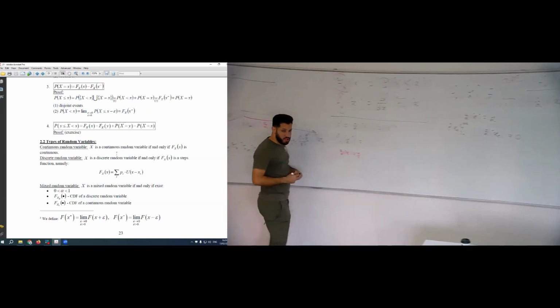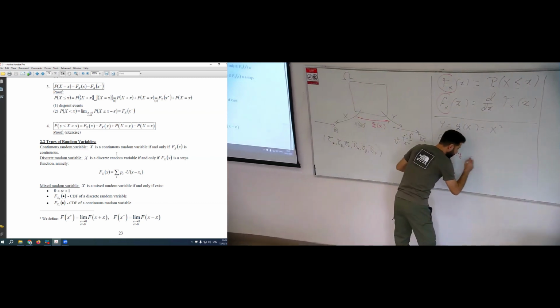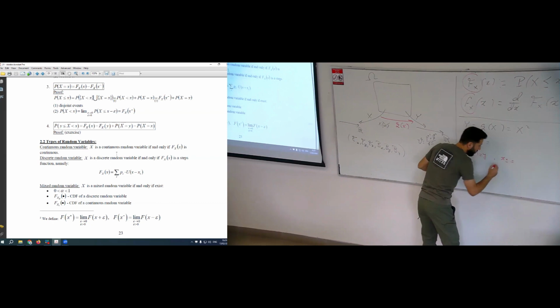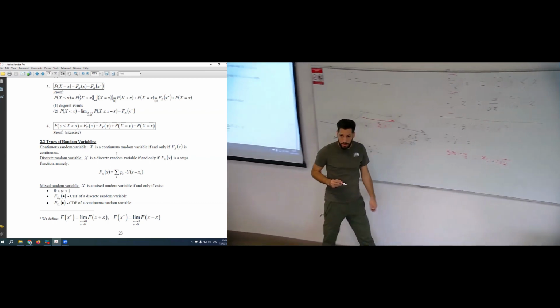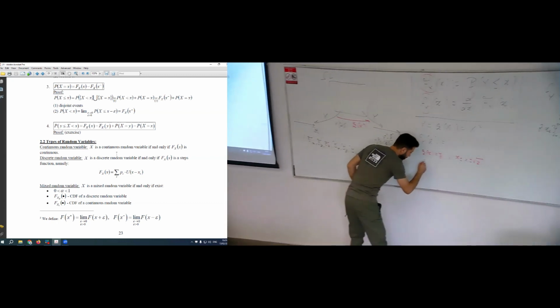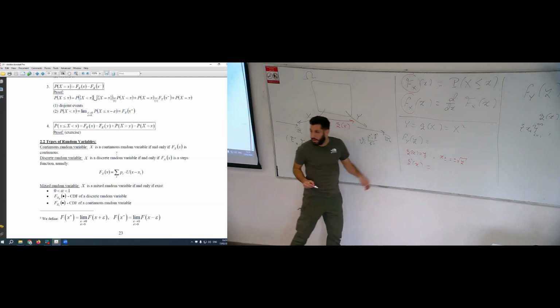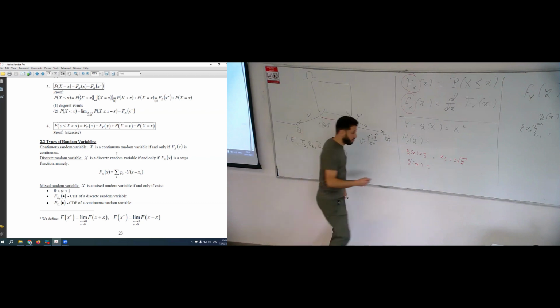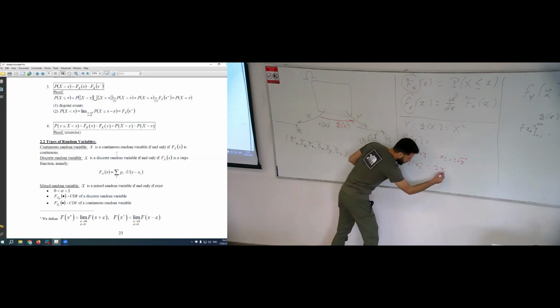So what are the solutions here? Plus minus. So x equals plus or minus square root of y. These are the solutions. And what is g prime of x? It is 2 times x. So what is g prime at these points?